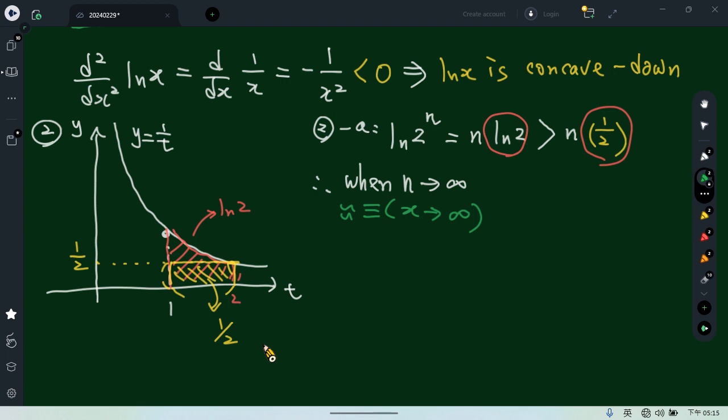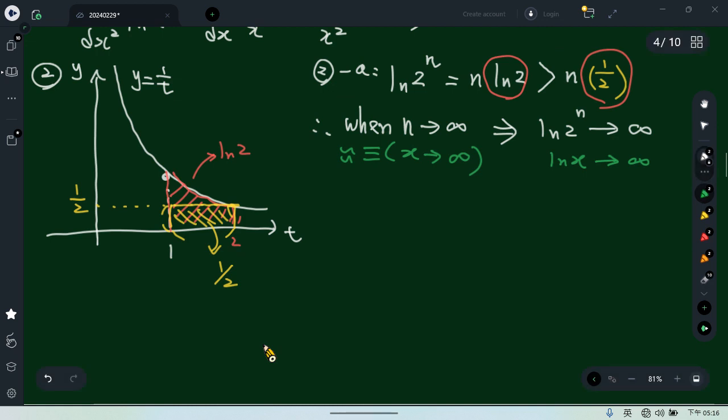Even though these are discrete points, we can roughly estimate that as n increases to infinity, ln of 2 to the power n goes to infinity. So that means ln x also goes to positive infinity. So this is the A part.